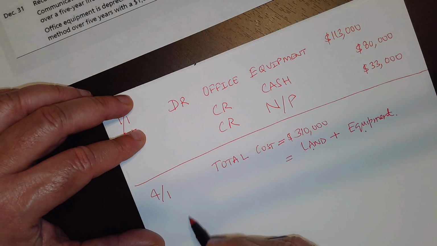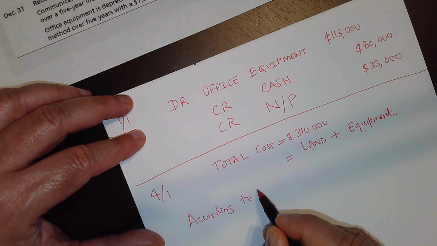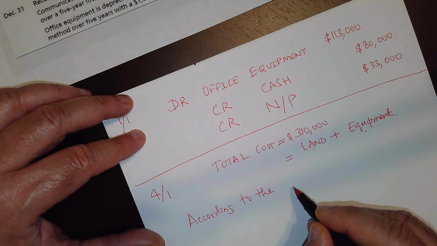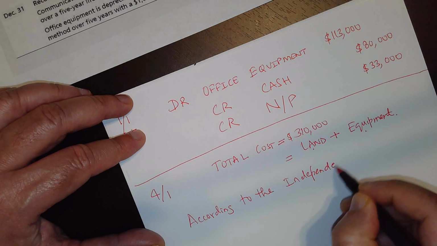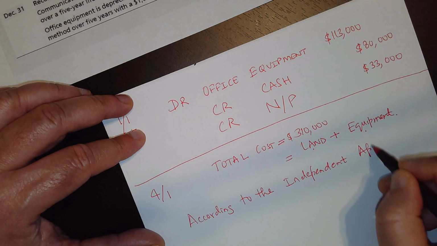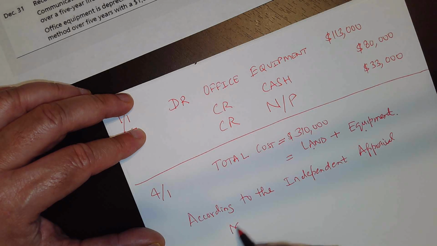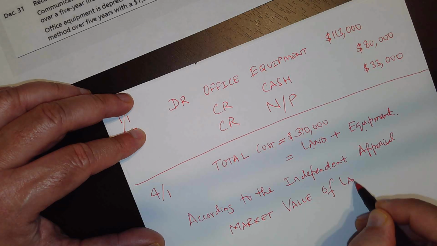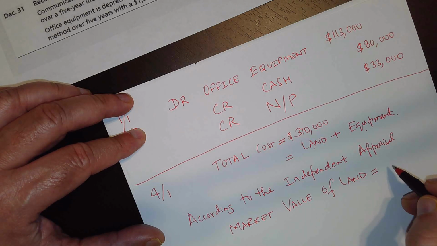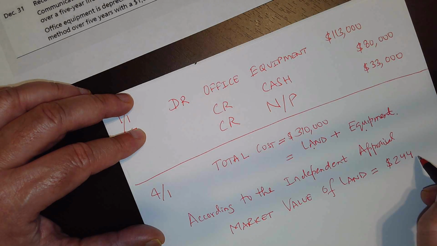So according to the independent appraisal, we find out the market value of land is equal to $244,125.